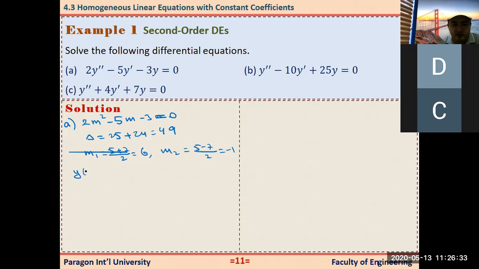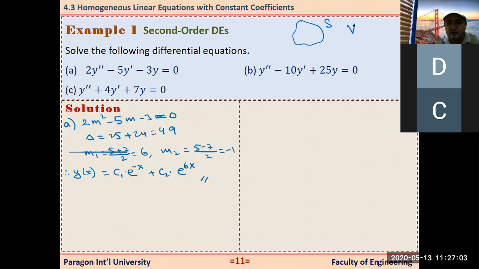Then the solution of this differential equation is equal to C1 times e to the power minus x plus C2 times e to the power M1, which is 6x. That is the general solution of this differential equation. That means that here we have a set, let's say all the solutions here.